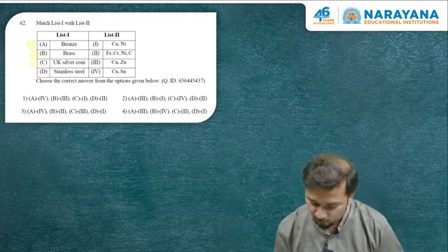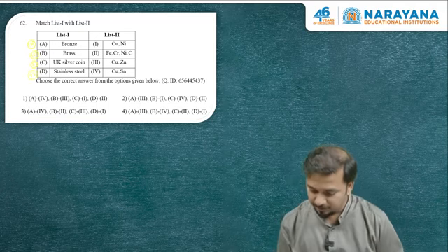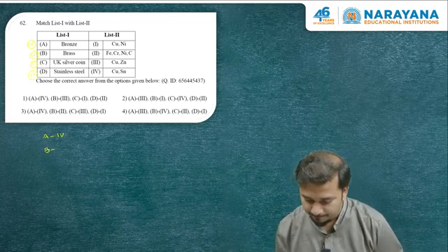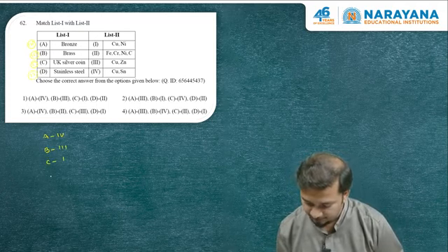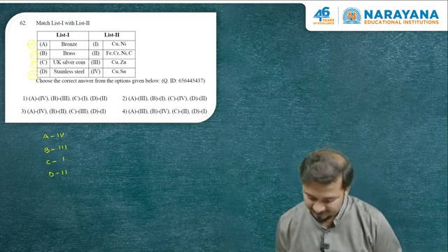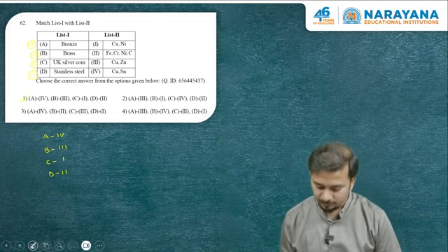So, it is 1 and stainless steel will be 2. So, correct answer is A is 4, B is 3, C is 1, D is 2. So, 4, 3, 1, 2. Correct answer is option number 1.